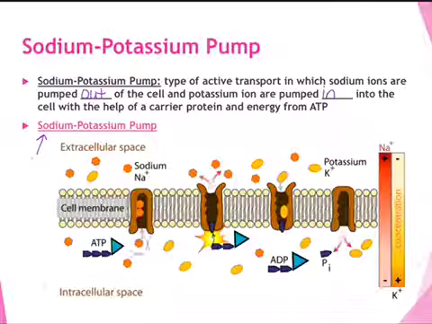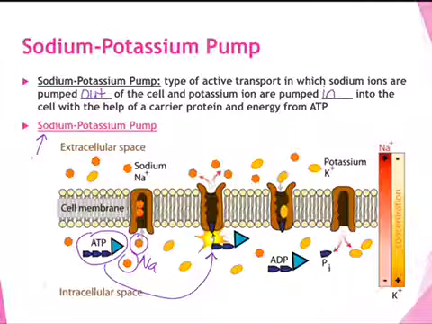So here, these orange molecules are sodium ions, and so they're going to enter that carrier protein. Then along will come a piece of energy, that ATP, and what you see here happening is the ATP giving some energy to that carrier protein, and that energy is enough to pop those sodium ions out of the cell.